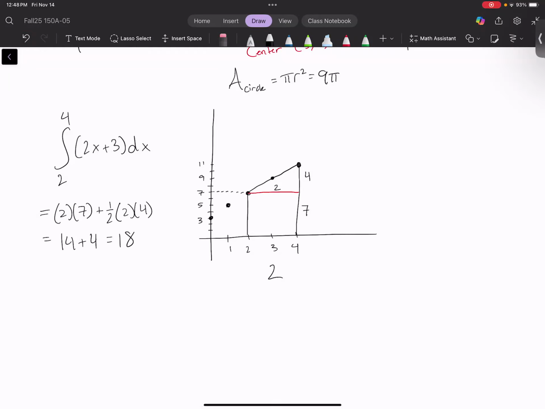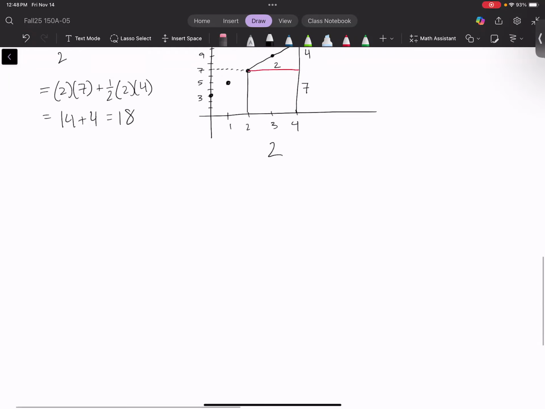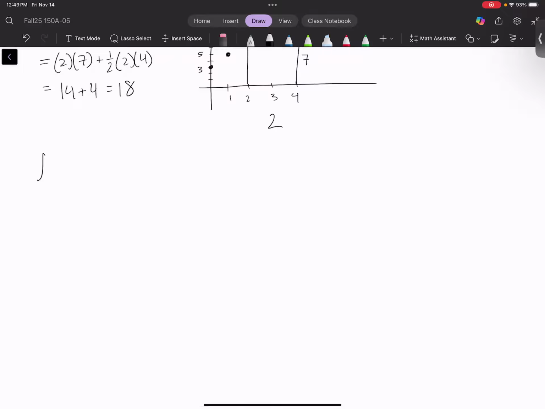Now, like I said earlier, the integral a to b f of x dx is the net change in area. It's not simply area, right? Area below the x-axis counts negatively towards it. It subtracts.